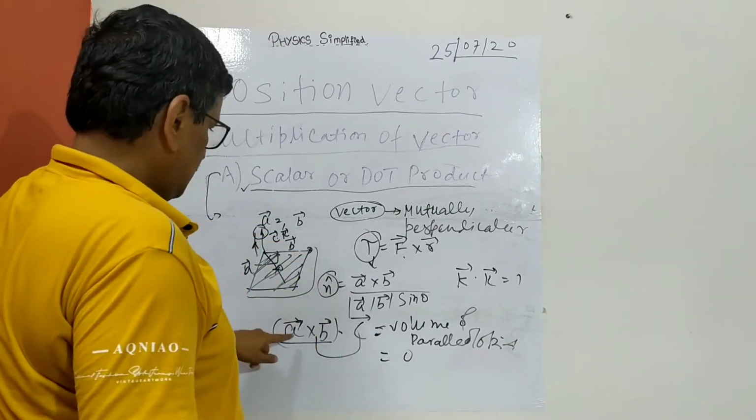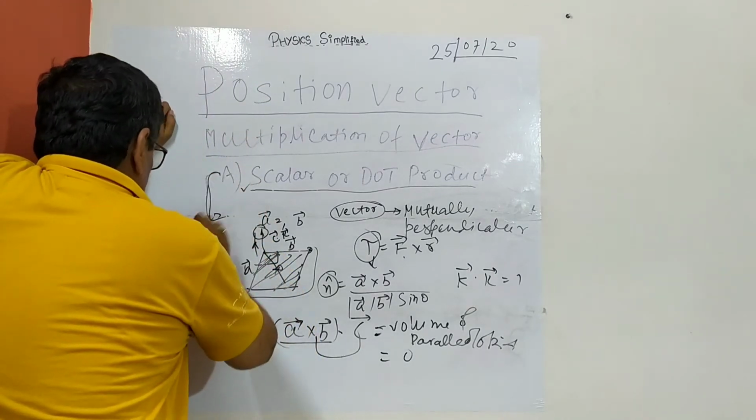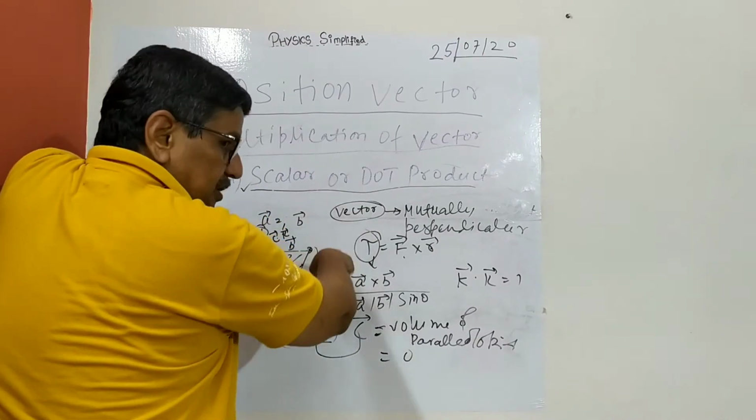So if you are given three vectors, I told you I will integrate this. So this is the integration of dot product and cross product.